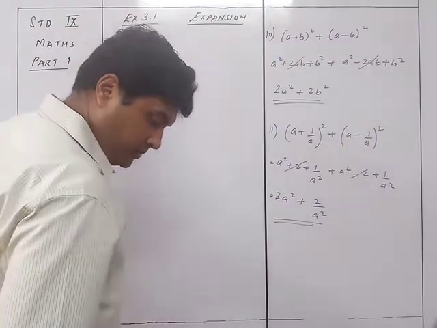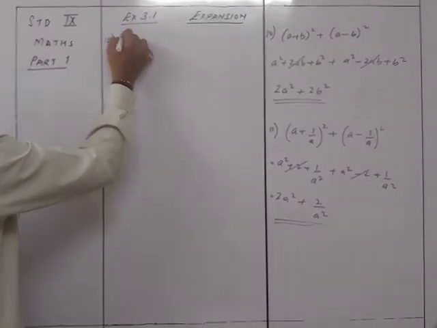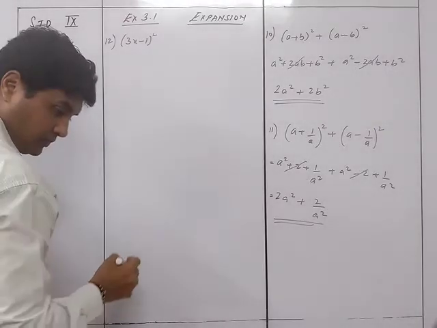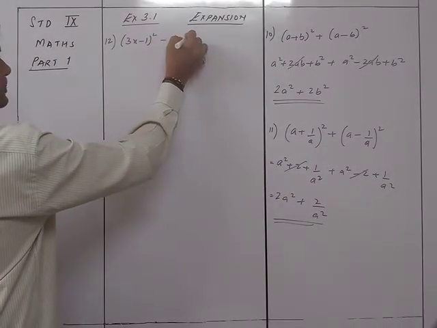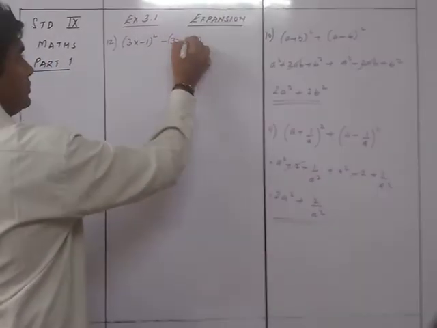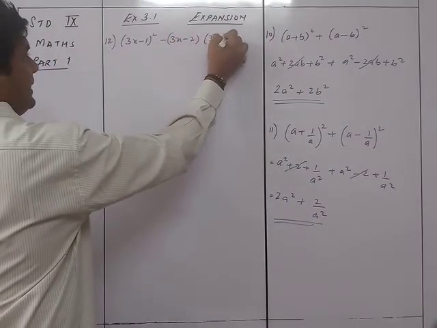You got now as (3x minus 1) the whole square minus (3x plus 2) into (3x plus 1).